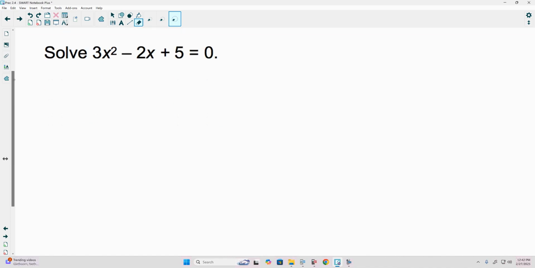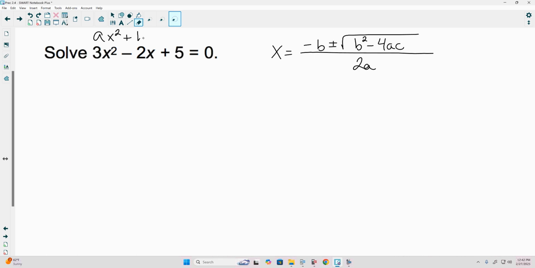Last thing we're going to do is solve this here using the quadratic formula. x is equal to negative b plus or minus the square root of b squared minus 4ac all over 2a. And again, our a, b, and c come from the general form here.